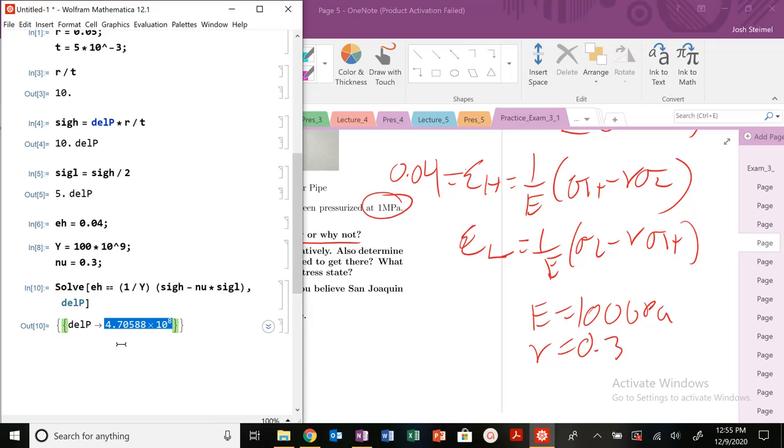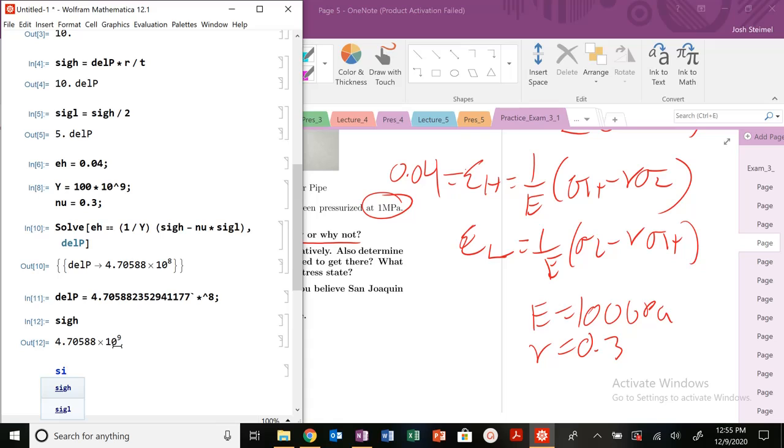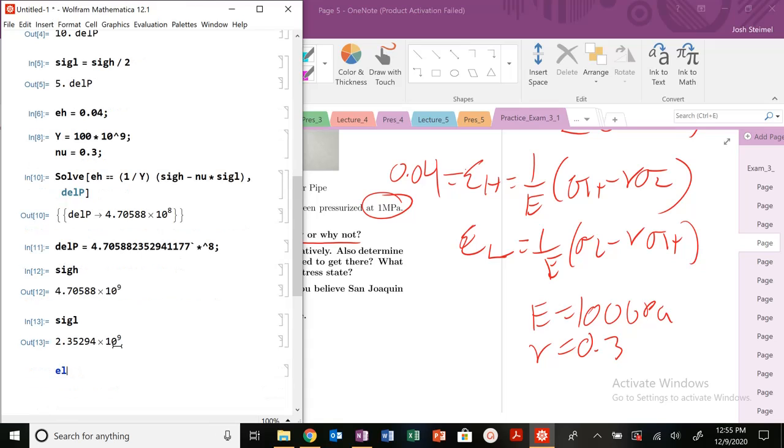So now I have my sig H, my sig L, and what's my EL? Actually, I know. EL equals 1 over Y times sig L minus nu times sig H. And there we go. That's my EL.